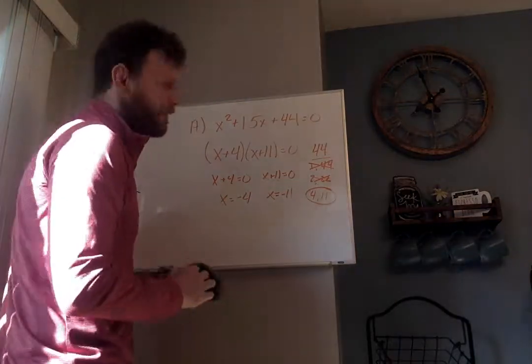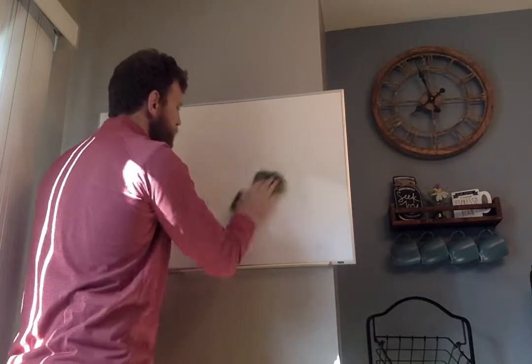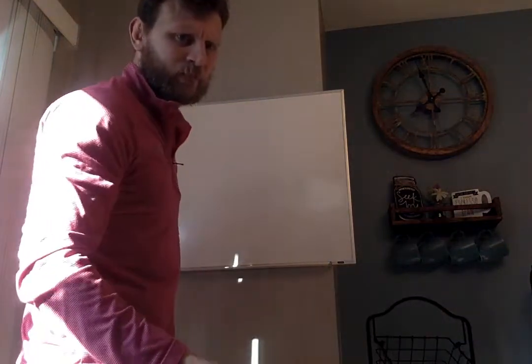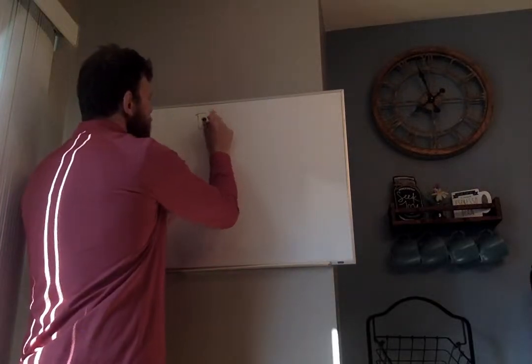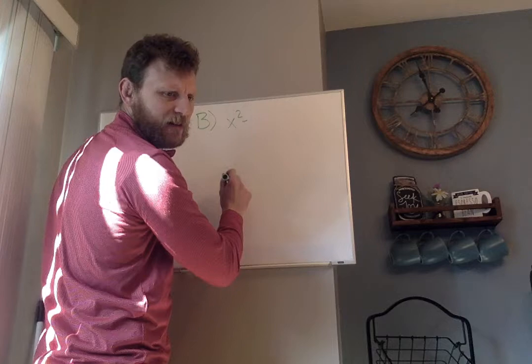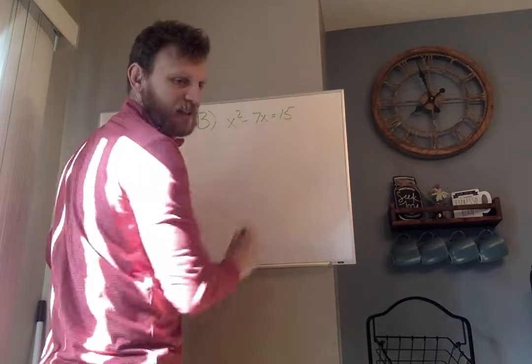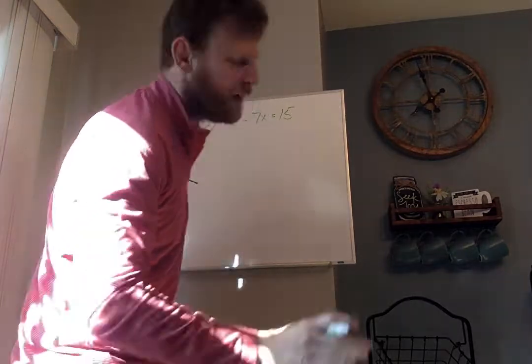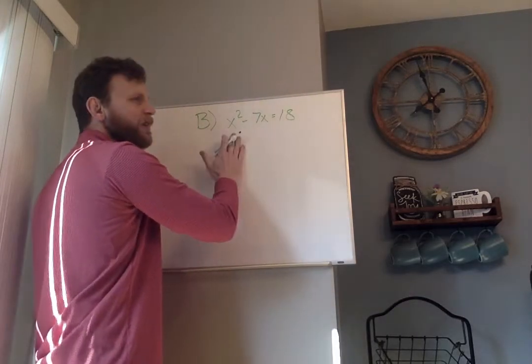Okay, now we have B. So B is x squared minus 7x equals 18. So what I want to do is get everything to one side.